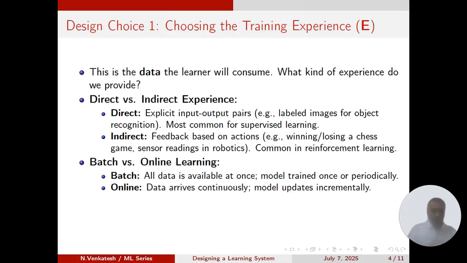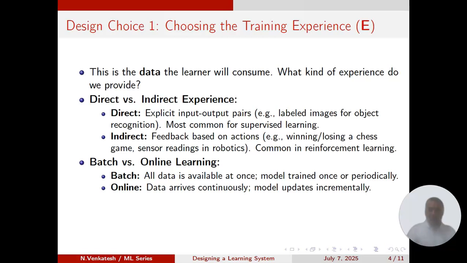One more thing is whether we have all the data is available at once. Are we going to use all the data once for learning? That comes under batch. If we have to continuously adapt as the new information arrives, then it is online. In case of online, model has to learn continuously.